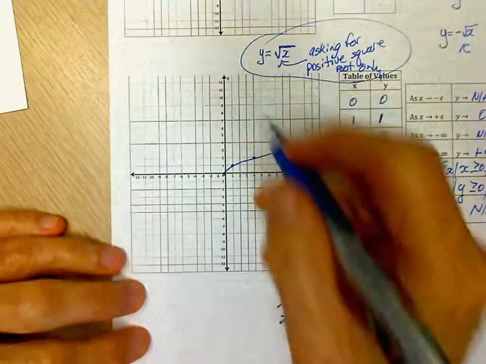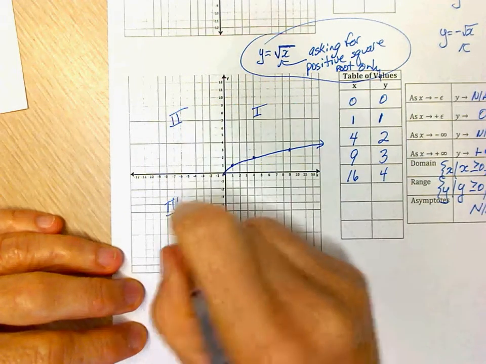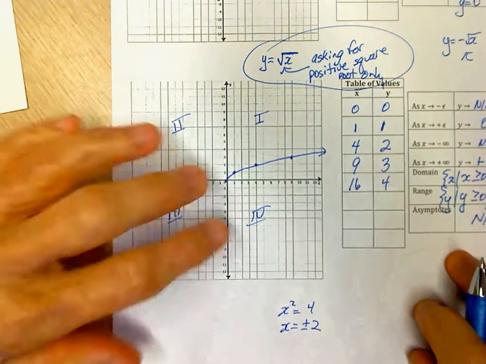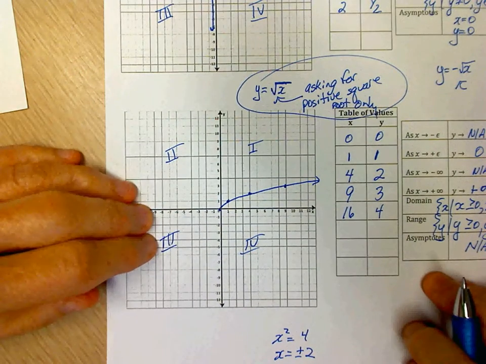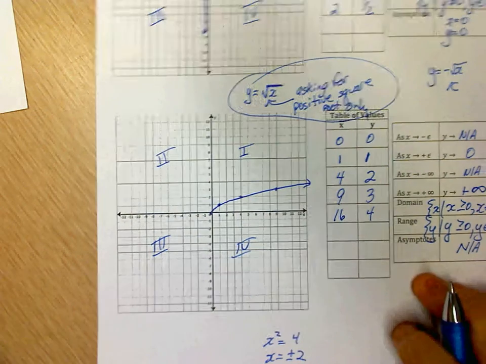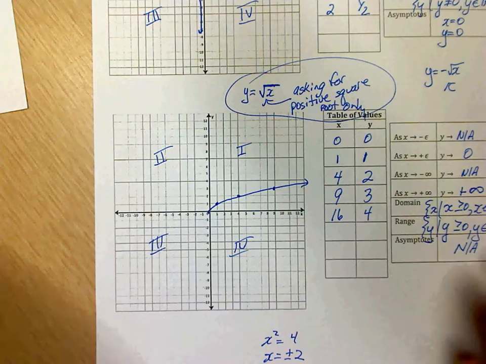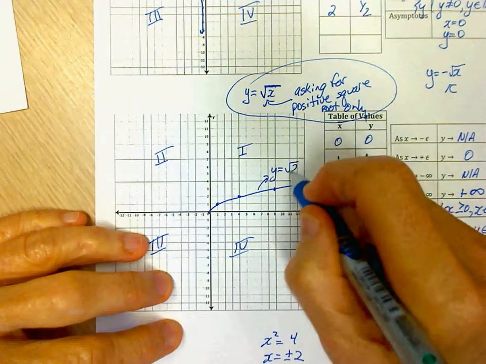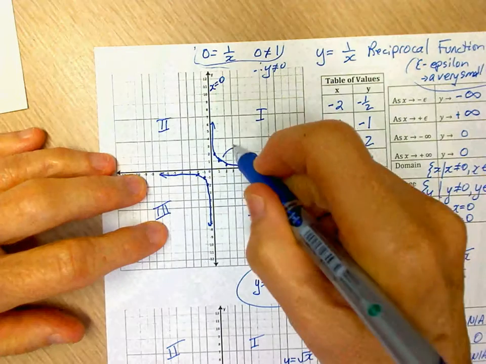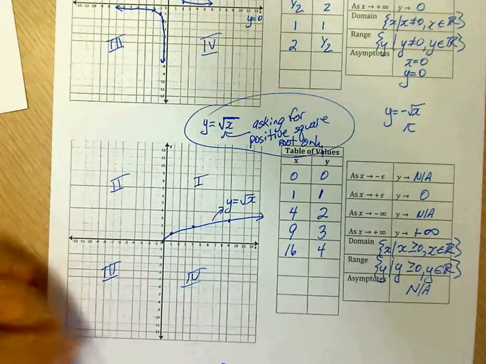Again, this is 1, 2, 3, 4. You don't have to put that on your graph. I'm just doing that for teaching purposes this morning. You don't want to label your graphs like that. What you want to do is label your graphs y equals root x, y equals 1 over x, and that's about it.